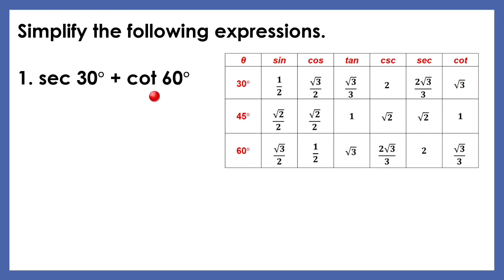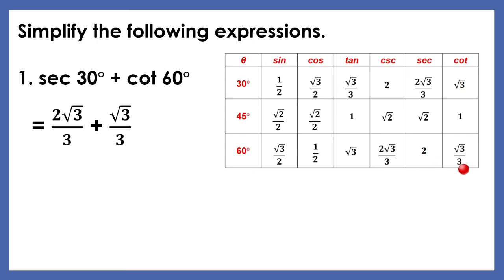Plus, cotangent 60 degrees, hahanapin natin dito sa ating table, cotangent 60 degrees. So, ito ang ating kukunin, square root of 3 over 3. Kukunin natin ang kanilang sum, isusulat natin as 2 square root of 3 over 3, that is the secant 30 degrees, plus cotangent 60 degrees is square root of 3 over 3. Double check natin. So, tama.